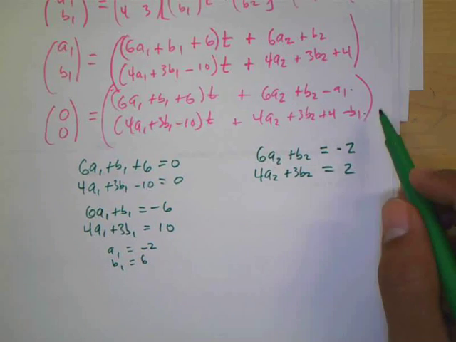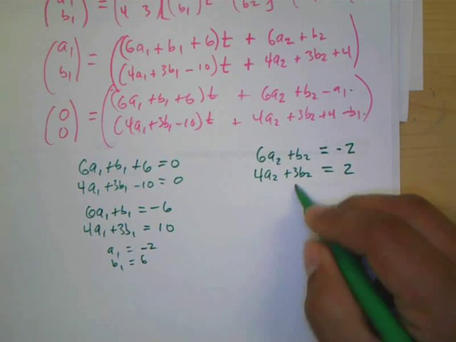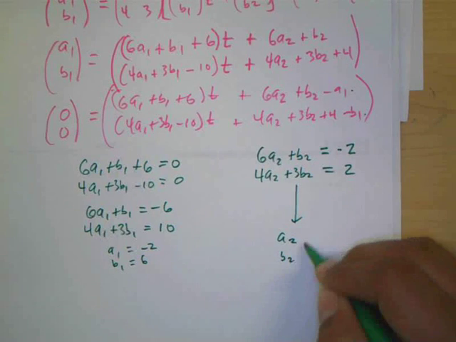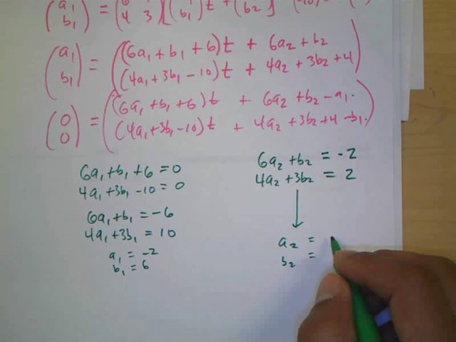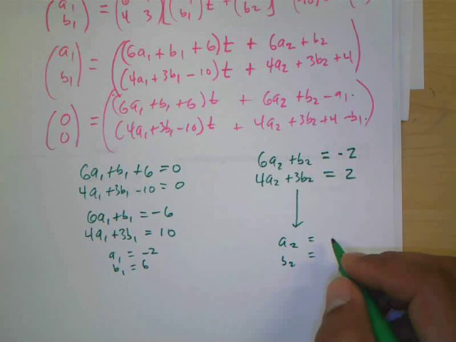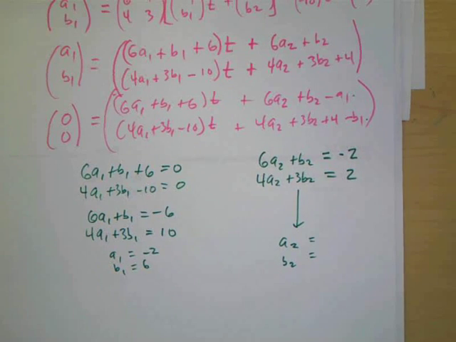Okay, and in this case, what do we get? A2 is 7. I got A2 and B2.